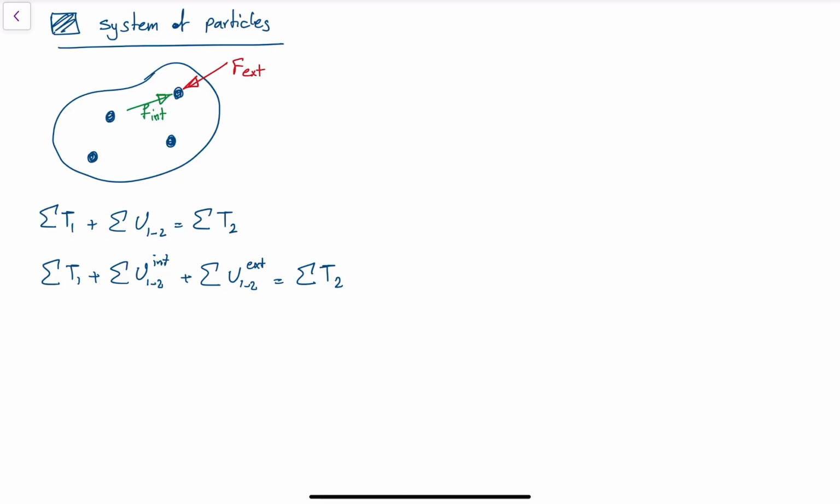Note that if you have a flexible object, the distance between different particles may change, and these internal forces may do some work, and if the forces are not conservative, they may actually decrease the energy of your system. And you see that quite often.